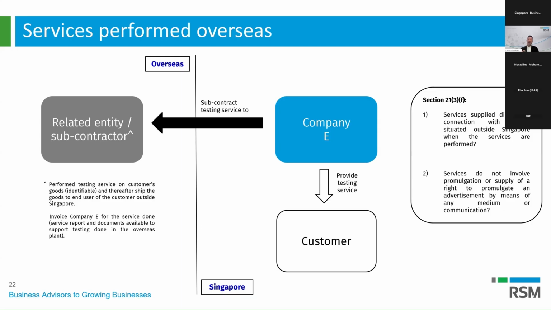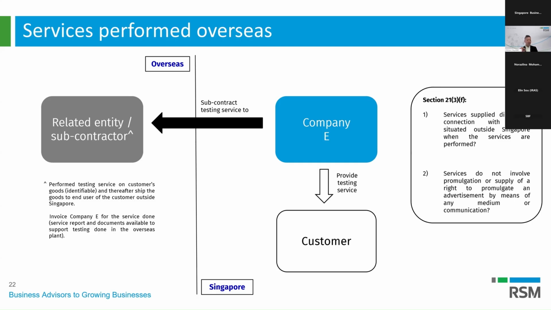If you read this carefully, the key point is services supplied directly in connection. And as Eileen has shared, on directly in connection, there must be identifying goods. We must be able to prove that services are done on that goods itself. Next, on point one, it is in connection with goods outside Singapore when the services are performed.